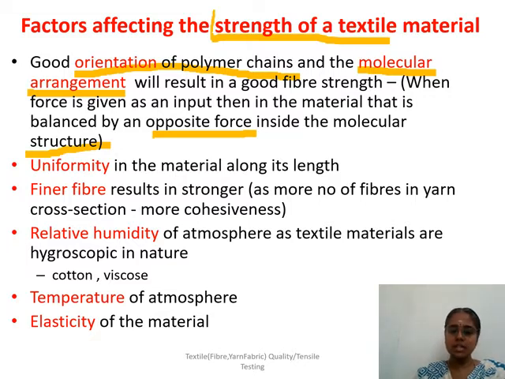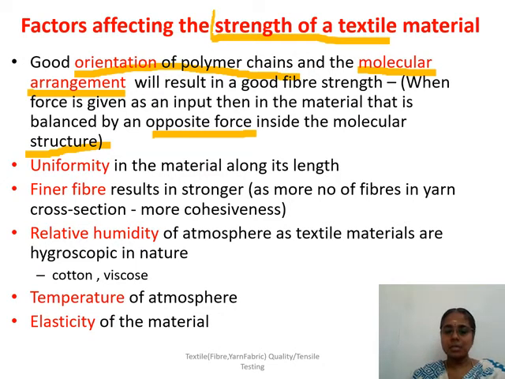That is why during testing, as mentioned in the earlier lectures, relative humidity and temperature are to be maintained in the testing atmosphere. I remind you, the temperature is 20 degrees centigrade and relative humidity is 65%.